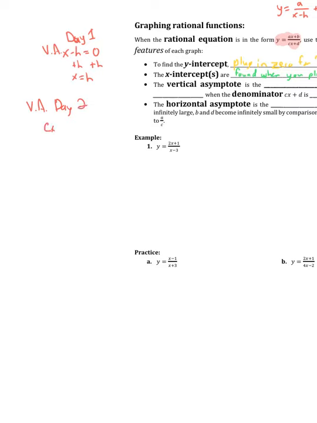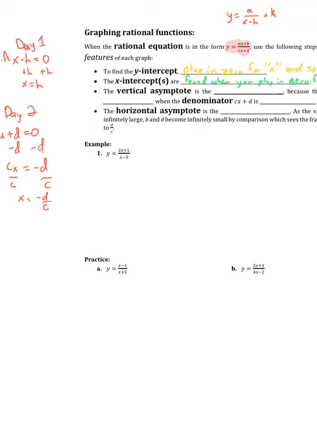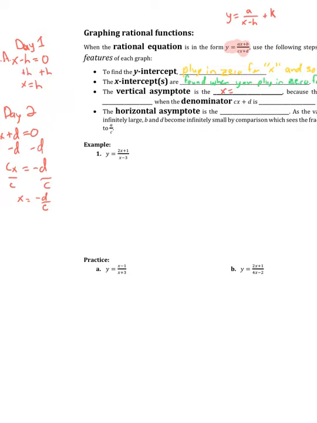We're going to take cx plus d and set it equal to 0. Set the denominator equal to 0, and now we're just solving for x. Divide both sides by c, x equals negative d over c. So that's what we would put over here: x equals negative d over c.